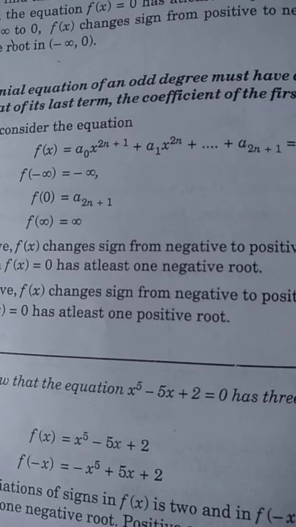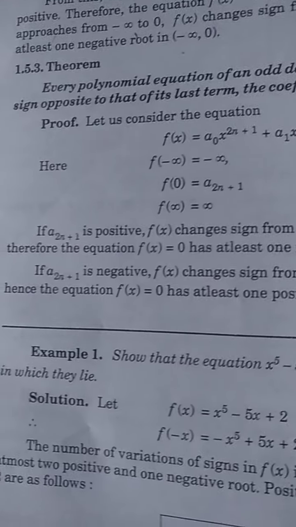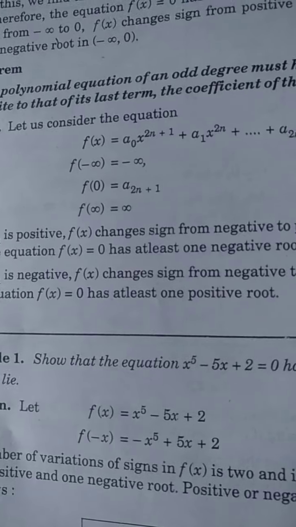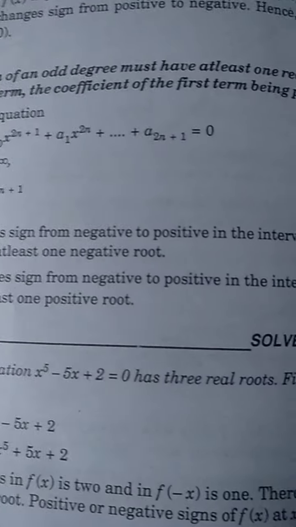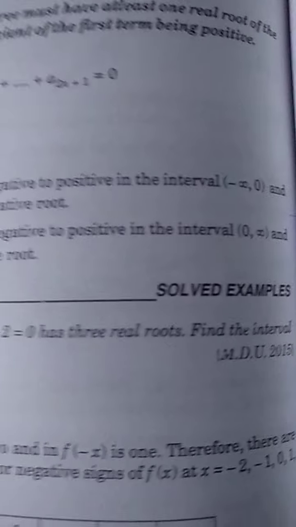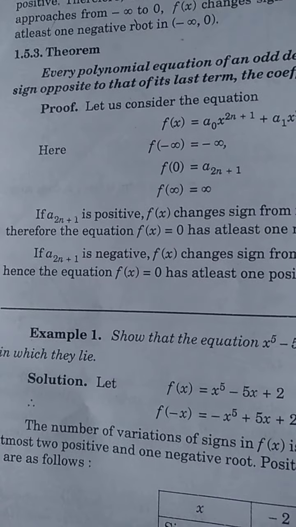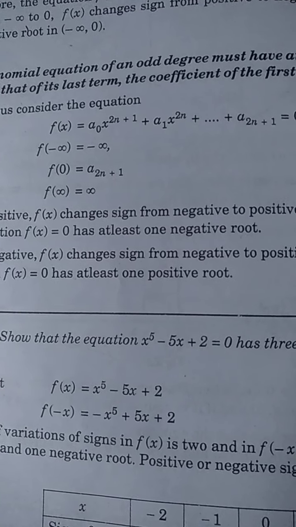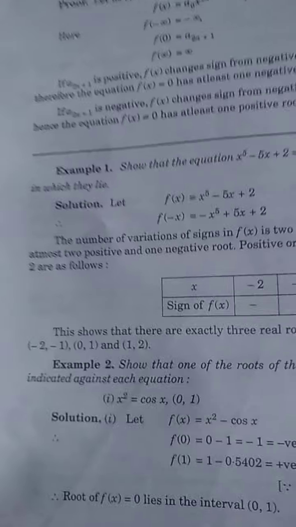So f(x) = 0 has at least one negative root. If a(2n+1) is negative, f(x) changes sign from negative to positive in the interval 0 to infinity, and hence the equation f(x) = 0 has at least one positive root.